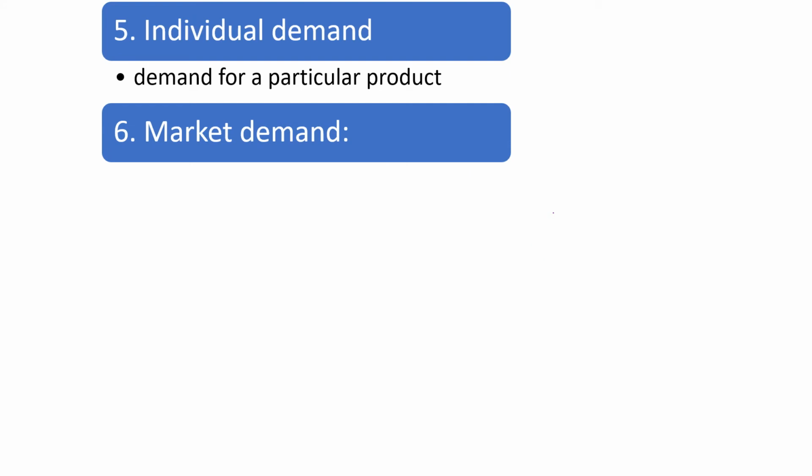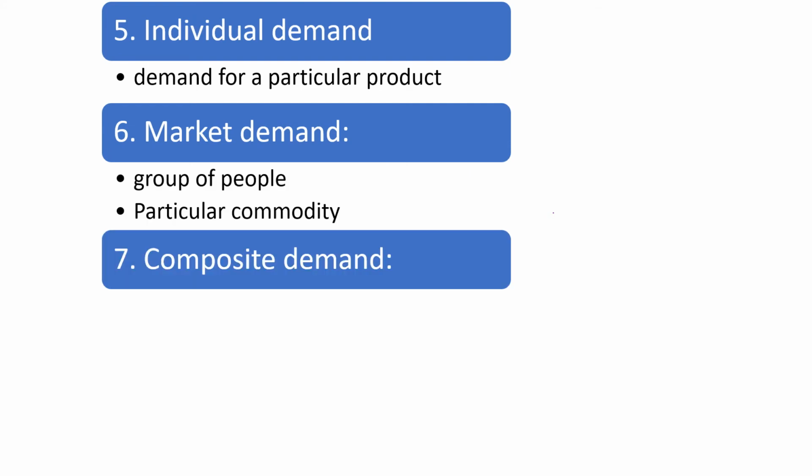Now, the next demand curve is the composite demand curve. So, when I say composite, that is one commodity which will be helpful in various uses, alternative uses. We can say it as one commodity, various uses. Example, water.